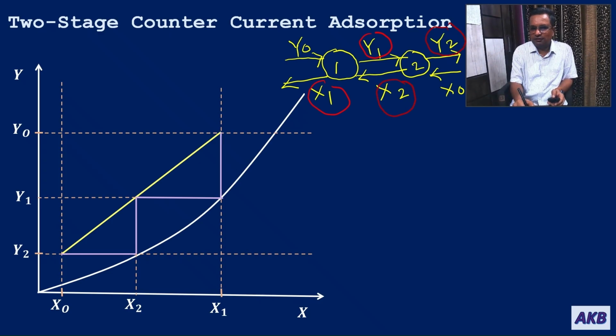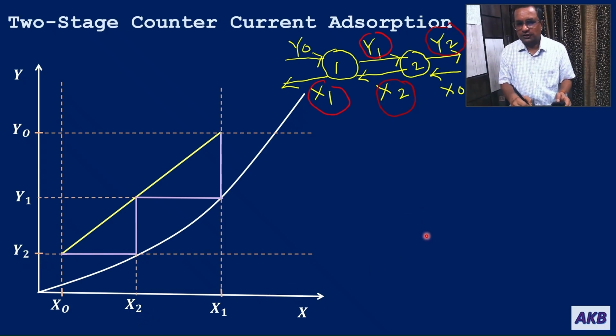So these are the leaving phases from stage number 2, and you can easily understand over here, capital Y2 is in equilibrium with capital X2. So I hope it is clear to you how we have drawn the operating line and how various concentrations are shown on the equilibrium diagram. If you have any doubt, please mention them in the comment section.